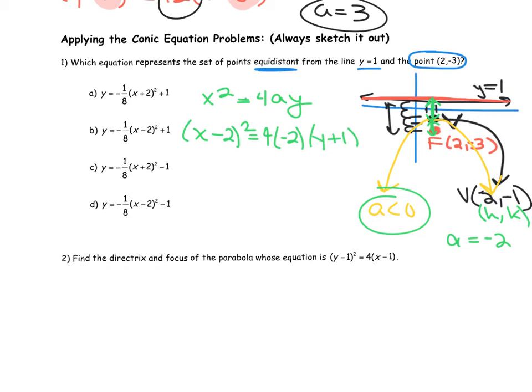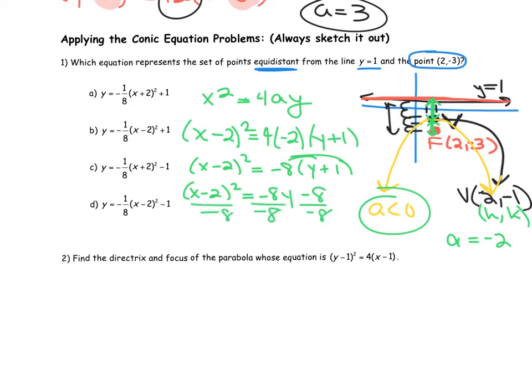So let's simplify this. We'll have (x minus 2) squared is equal to -8 times (y plus 1). And I want to get it to look like this form. So notice for all of these equation answer choices, y is by itself. I'm going to distribute. I'll have (x minus 2) squared is equal to -8y minus 8. I'm going to divide everything by -8.